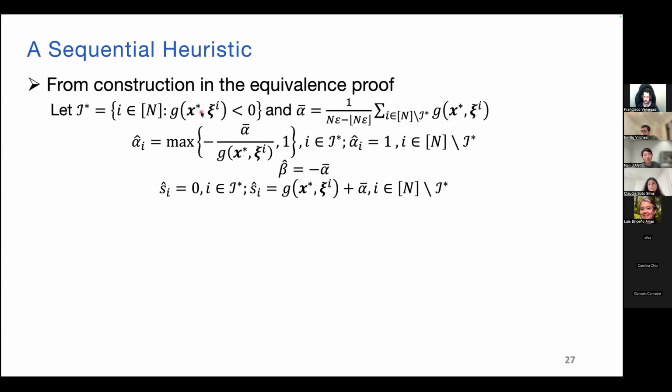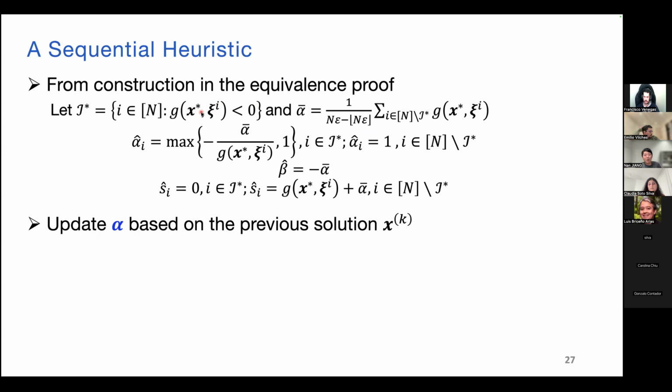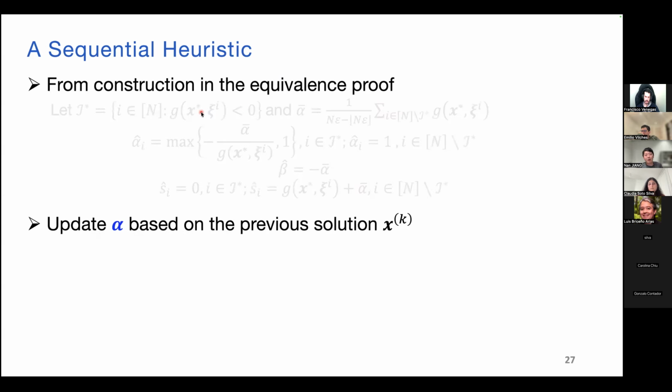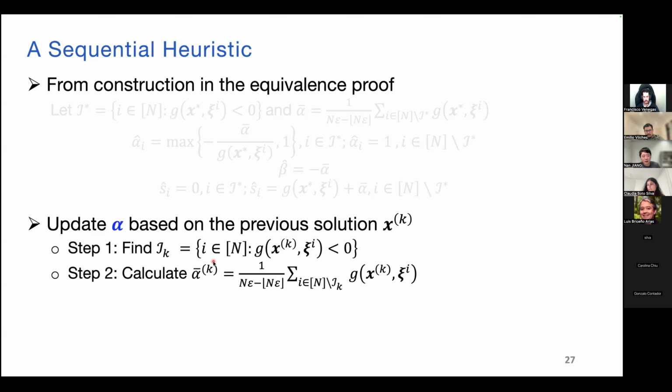So what we are going to assume here is that we have a corresponding x_k, and this x_k is a feasible solution for the chance constrained program. Then, based on the construction in our proof, we first find the satisfied set, and then we find the alpha bar. You can think of this as the violation.